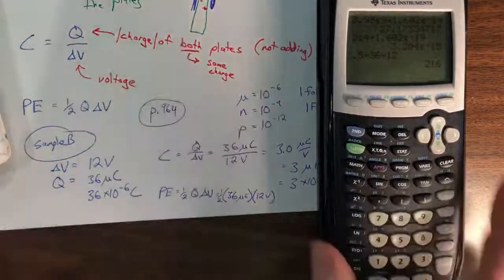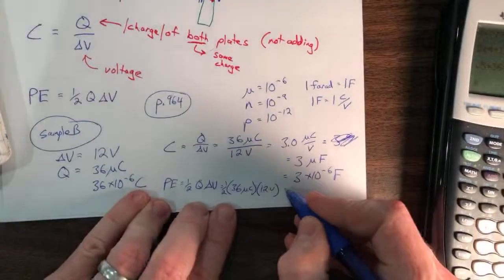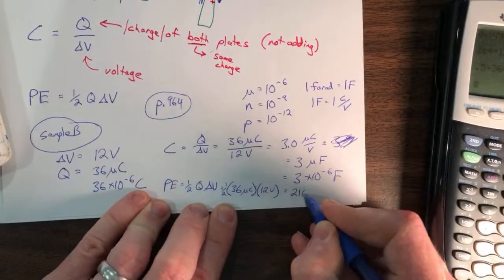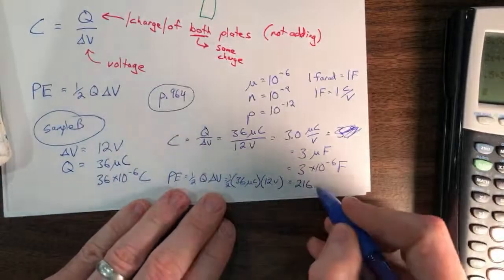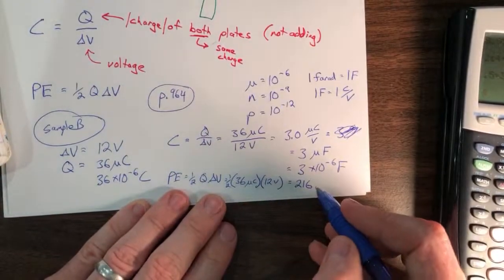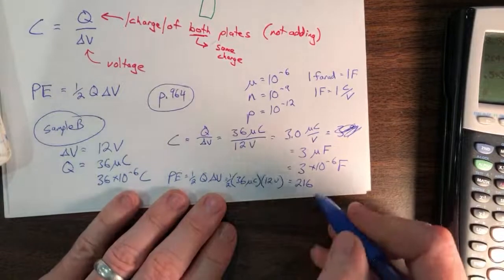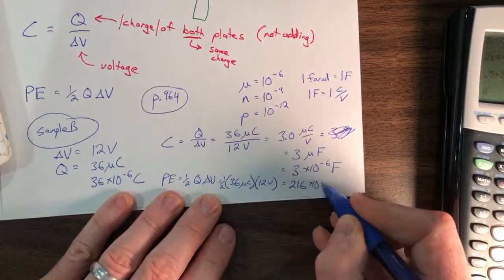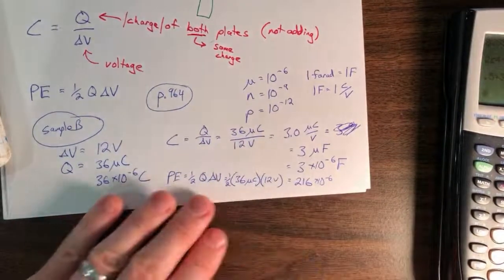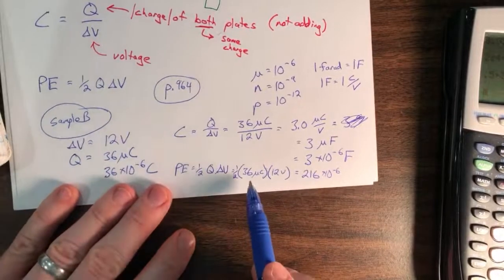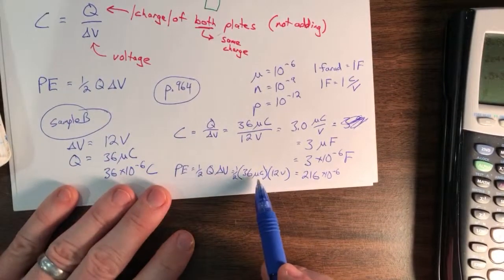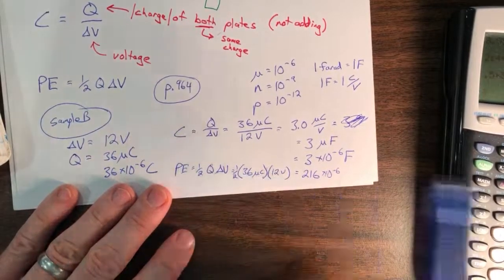Now, keep in mind, that's 216 times 10 to the minus 6. And what are our units going to be? Well, we have microcoulombs times volts.